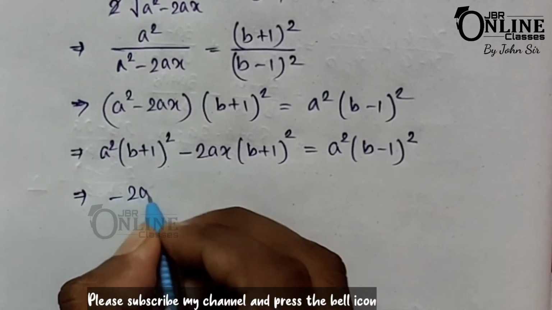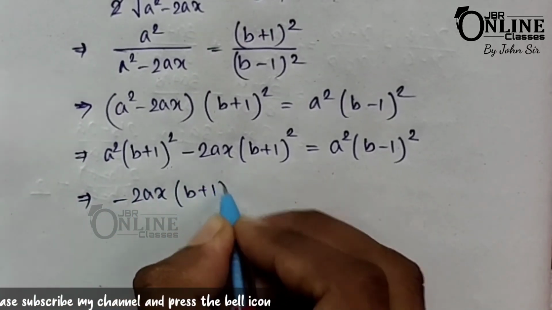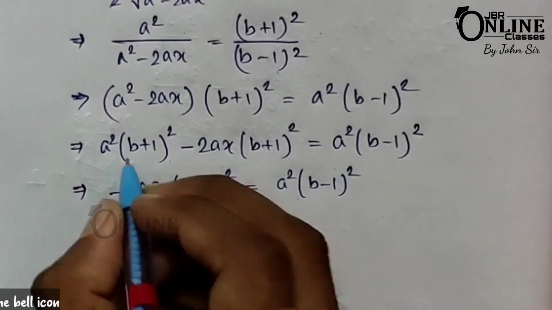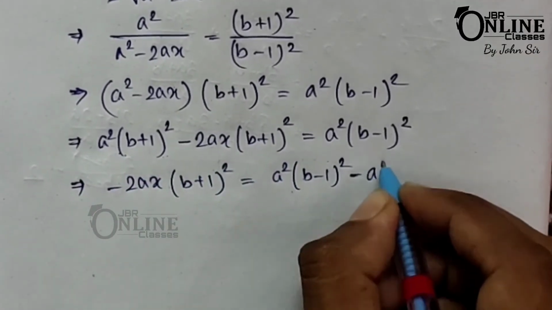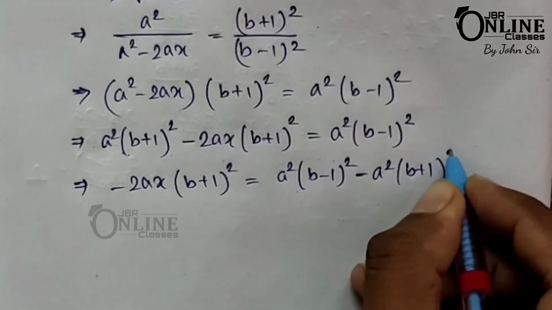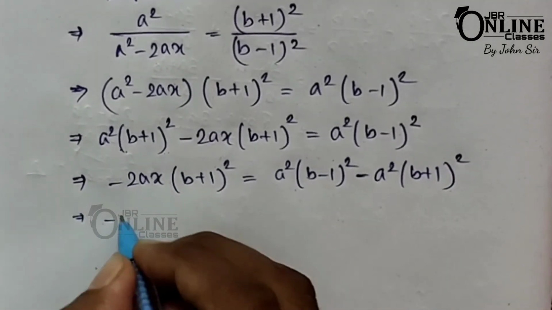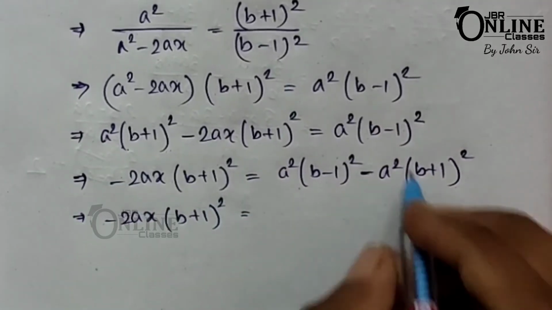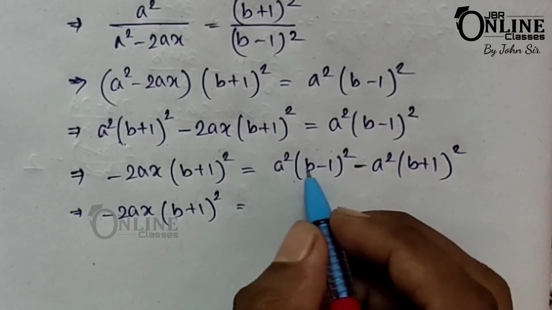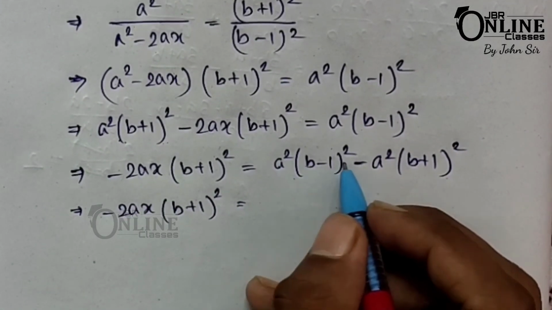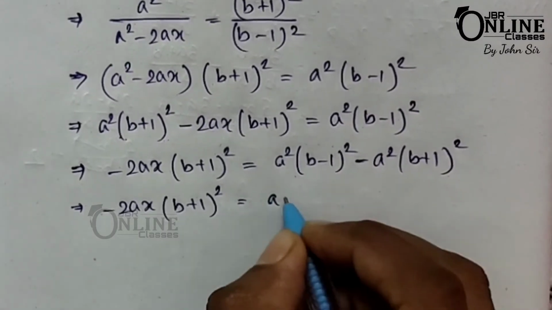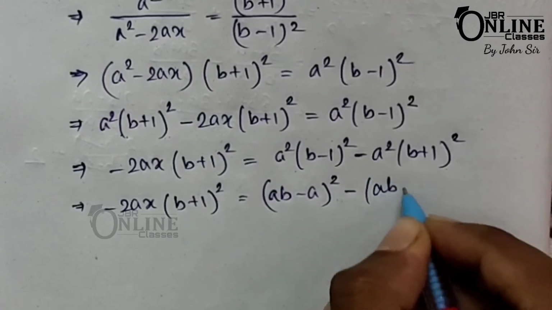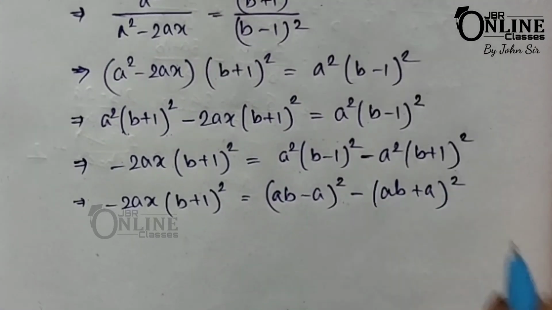So now it's a square into b plus 1 whole square minus 2ax into b plus 1 whole square equals a square into b minus 1 whole square, then this one, so minus a square into b plus 1 whole square. So minus 2ax into b plus 1 whole square. Now here a square into b minus 1 whole square, so you can write ab minus a whole square, and this one ab plus a whole square.